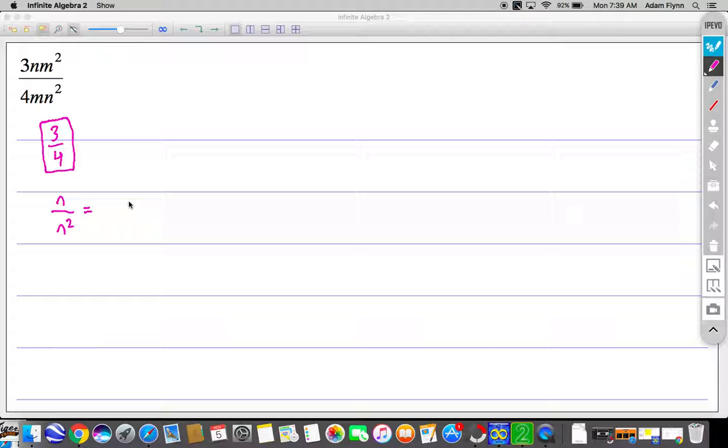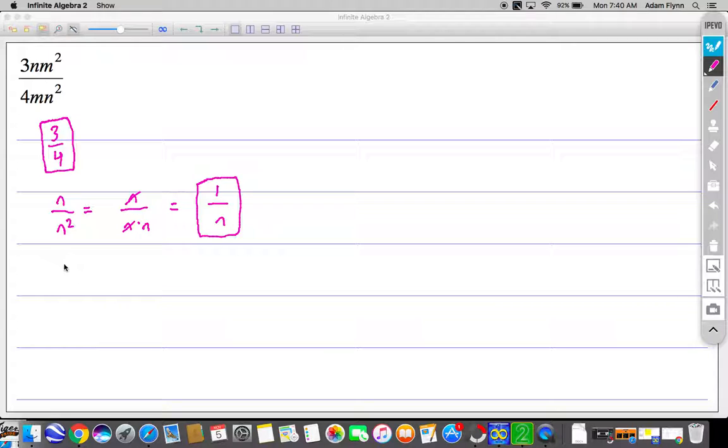So I'll rewrite this as n over n times n. I just broke up this n squared into n times n. And now I can cancel out an n from the top and from the bottom. So I'm left with 1 over n.